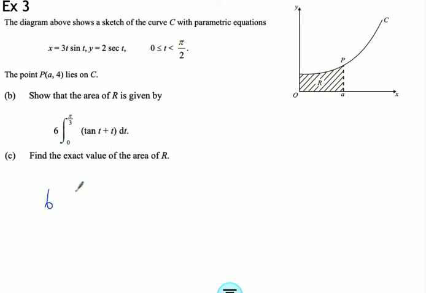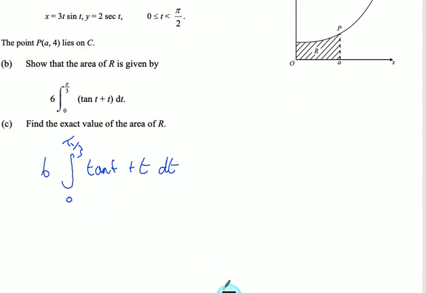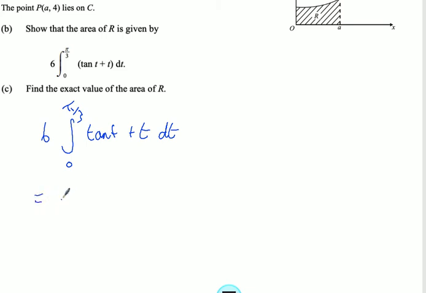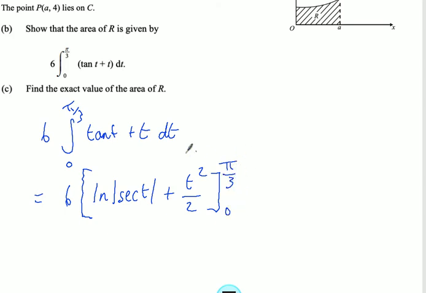So 6 times the integral of tan t plus t dt, and that is equal to 6 lots of, the integral of tan t is in the formula book, remember, so ln sec t plus t squared over 2 between pi over 3 and 0.